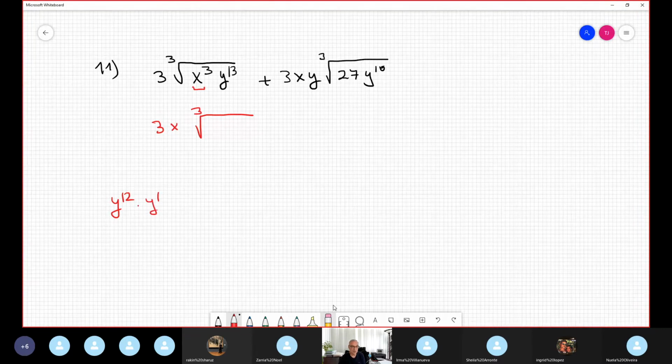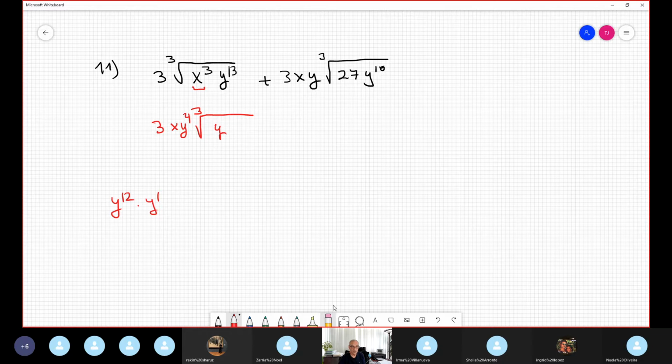I break 13 down like 12 and 1. Why do I select 12? Because 12 is the multiple of 3 close to 13. And when you divide 12 by 3, it is 4. So y to the 4th power is outside and 1y stays inside.